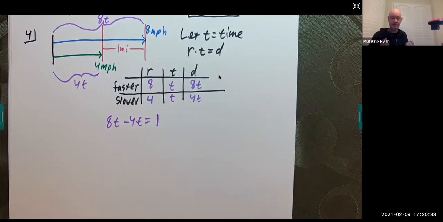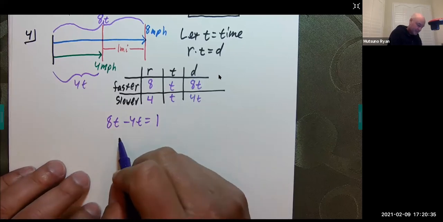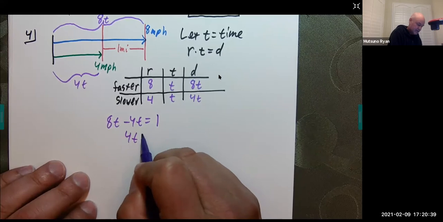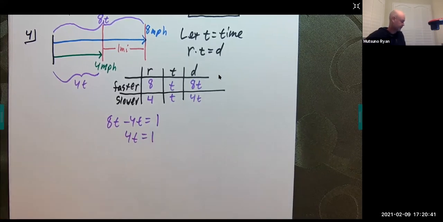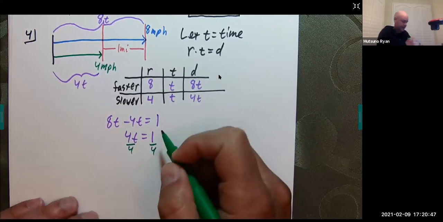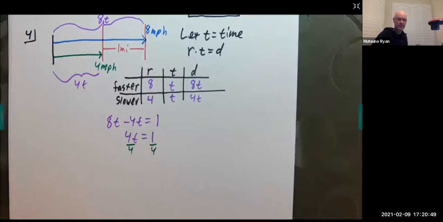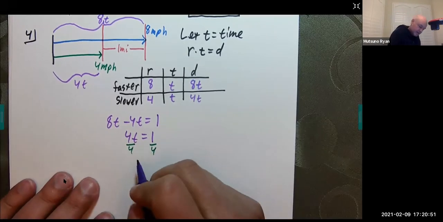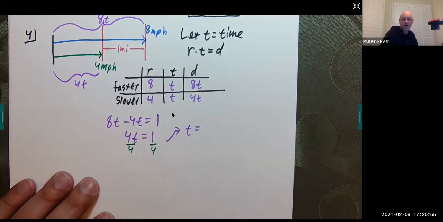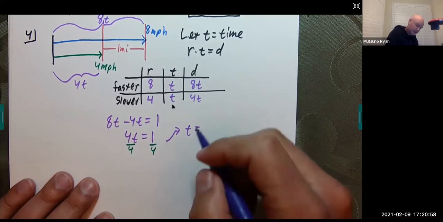And there's my equation. 8t minus 4t is 4t, equals 1. T is going to equal 1/4 of an hour.